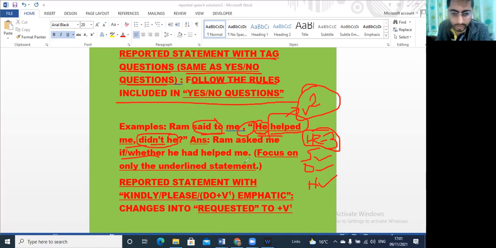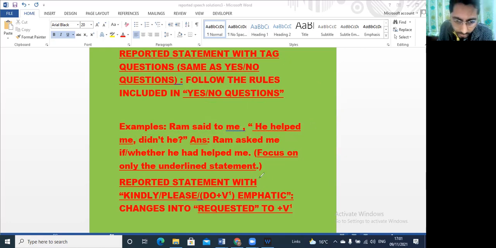Okay. Now let's move downside. Let me clear out my rough work here. Reported statement with kindly, please, or do plus verb 1. Emphatic sentence, emphatic. So what is the actual meaning of do plus verb 1?